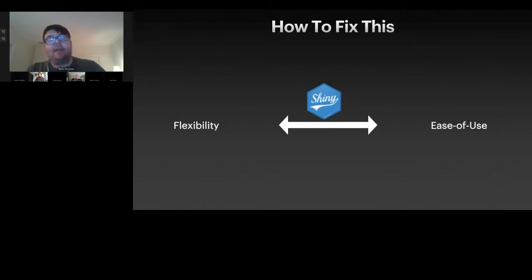It gives you the flexibility and the ease of use because it allows the user to use the language of the web, which everybody is familiar with, to select options. Then it translates that into R code that you can use to customize your app or your graph or your table.